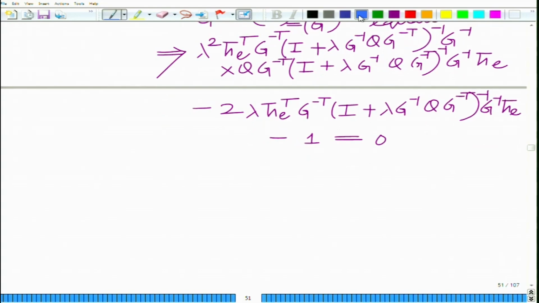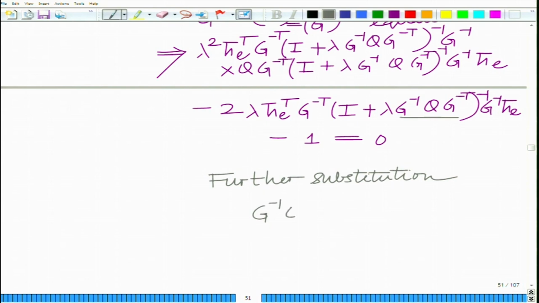Now, we are going to do a further substitution, which will simplify this, and we are going to see how. If you look at this matrix, it looks like this matrix is the key because it appears repeatedly.